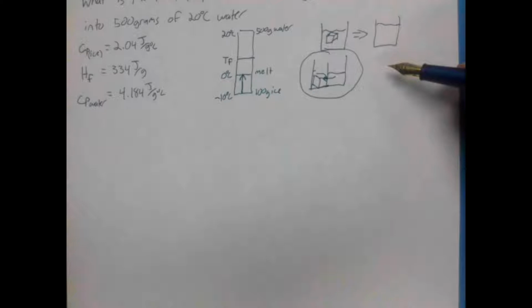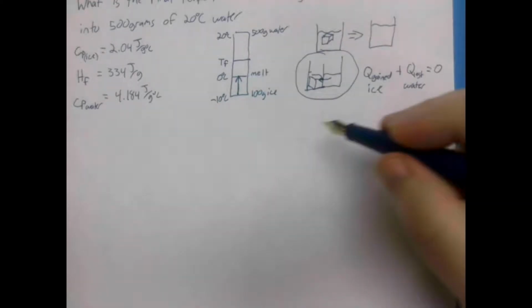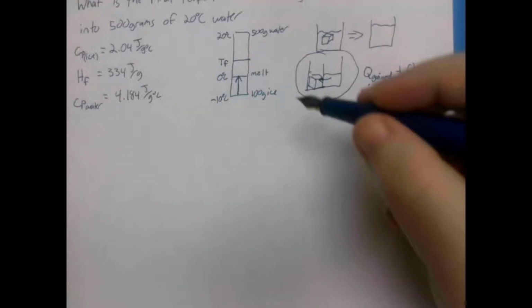So the heat gained by the ice plus the heat lost by the water has to be 0, because the total net flow inside this bubble is a 0 joule sum. There is no heat going into it, no heat leaving.